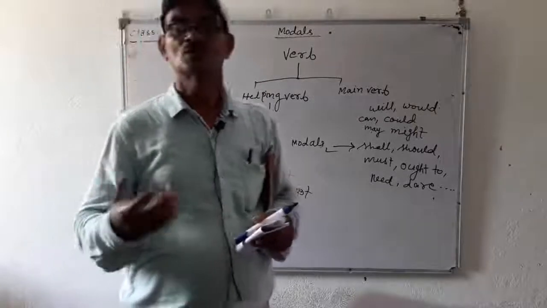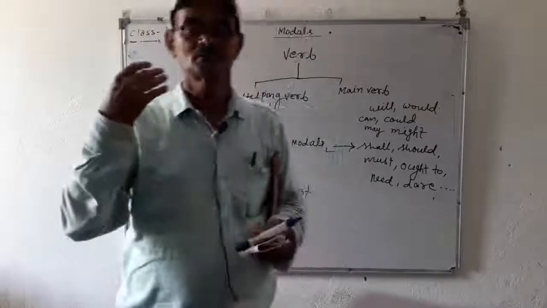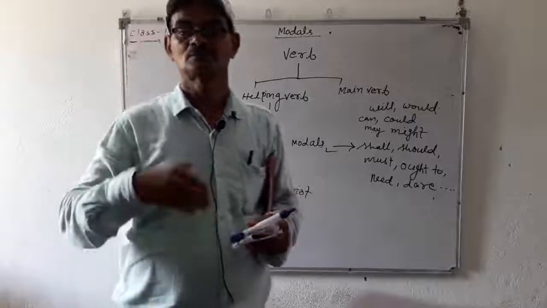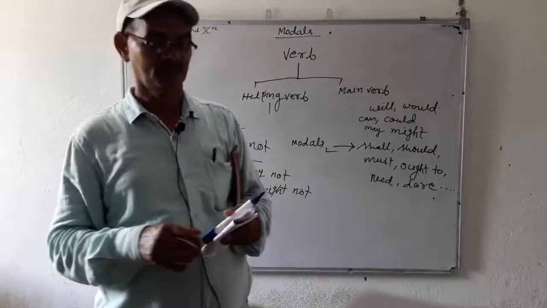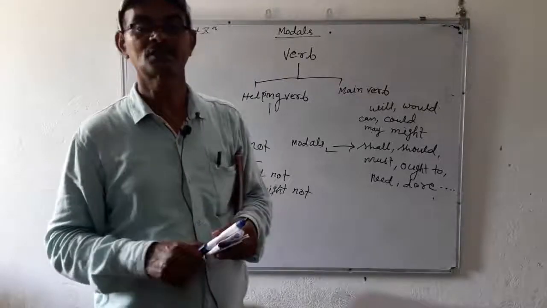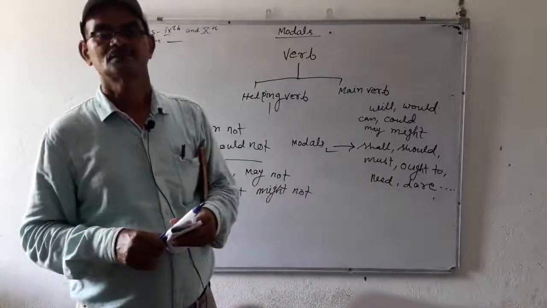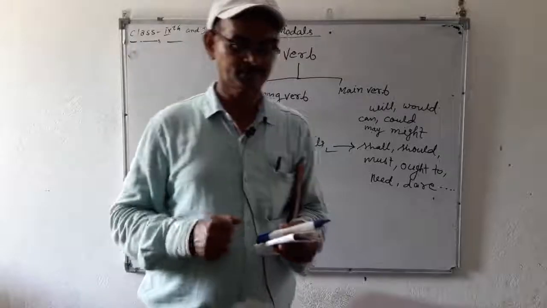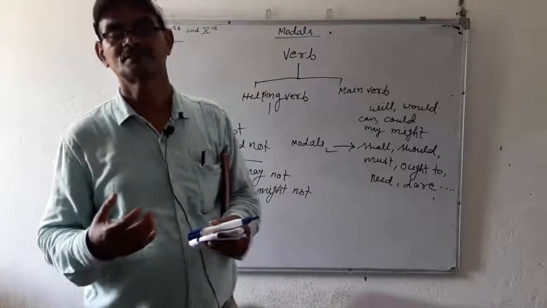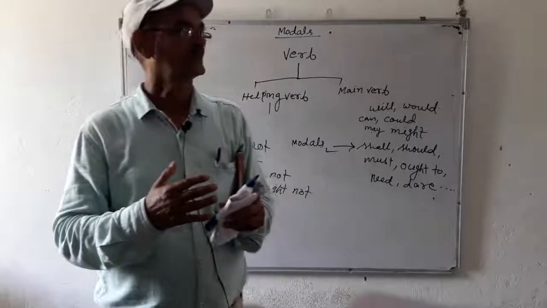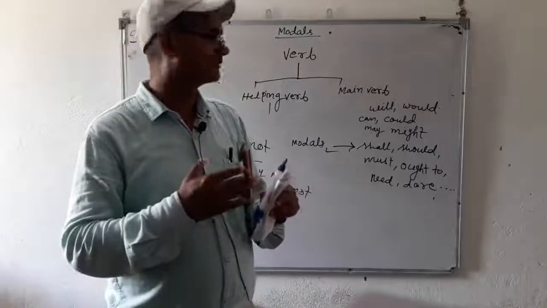Modals are used in the same form with singular or plural subject. So modals are special auxiliary verbs. We can learn them easily, but their use is specific, and we have to keep the difference between one modal verb and another.